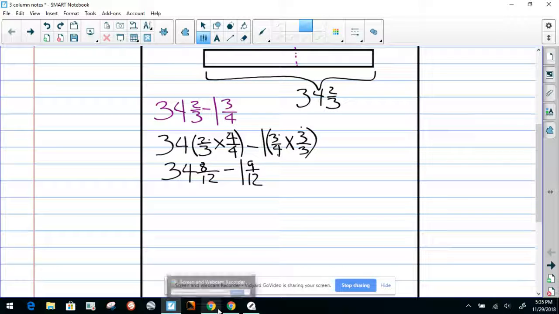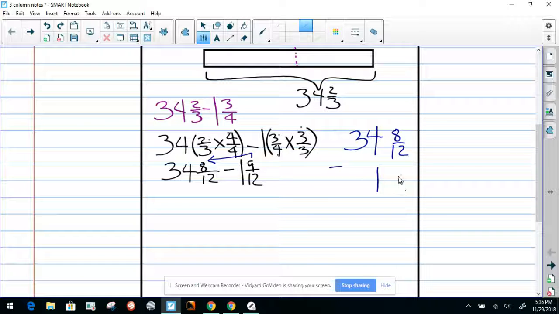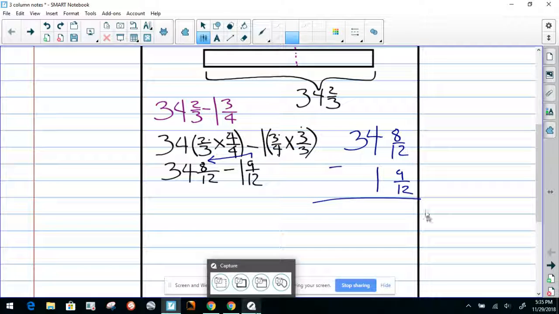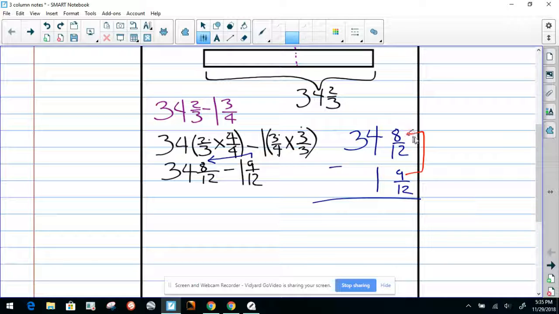Now we can subtract, but I want you to notice something. We cannot subtract because the number on top is smaller. When that happens, I love to show this in a different way because it's easier to see, at least that's what I think. 34 and 8/12 minus 1 and 9/12. Now here's where we need to borrow, because we cannot subtract 9 from 8.